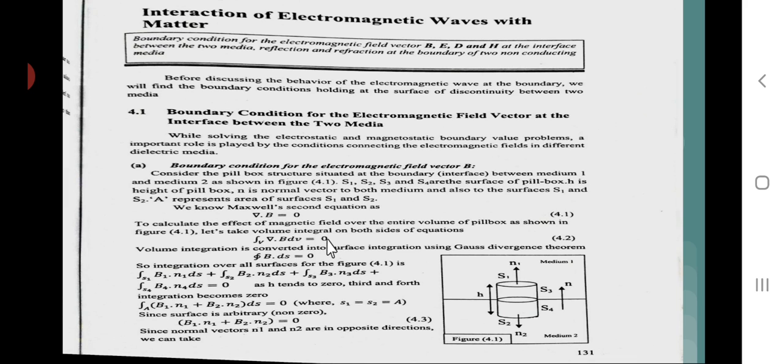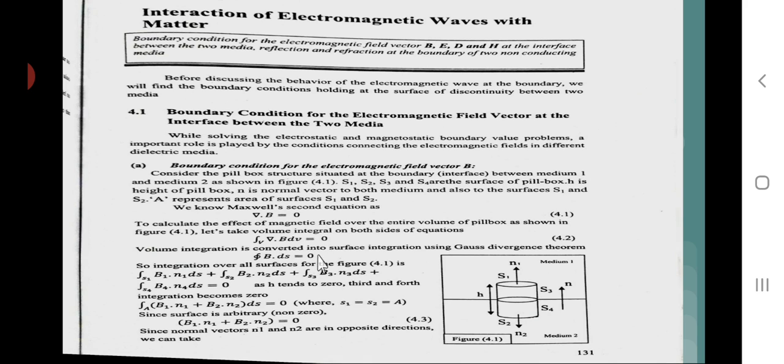Now the volume integral is converted into a surface integral by using the Gauss divergence theorem. Therefore, it is the integration over the closed surface of B dot dS, which is equal to 0.